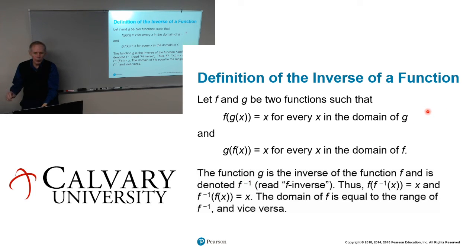So what that really means in more simple language is if you have a certain function and you do certain mathematical relationships and you get a value or an answer, and then if you had another function or a value of that answer and it works back to get your original value, those are inverses of each other.